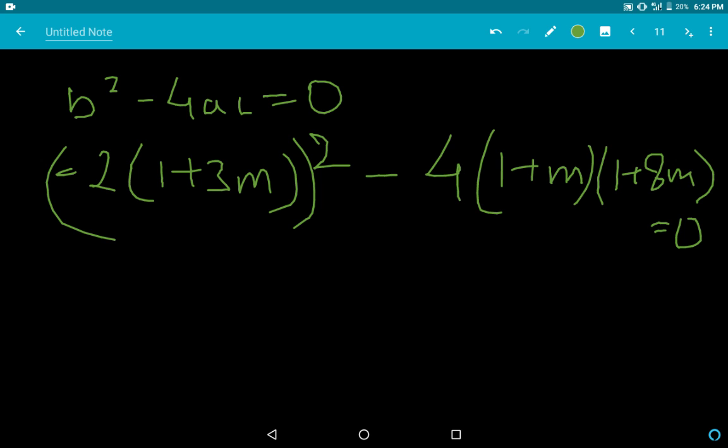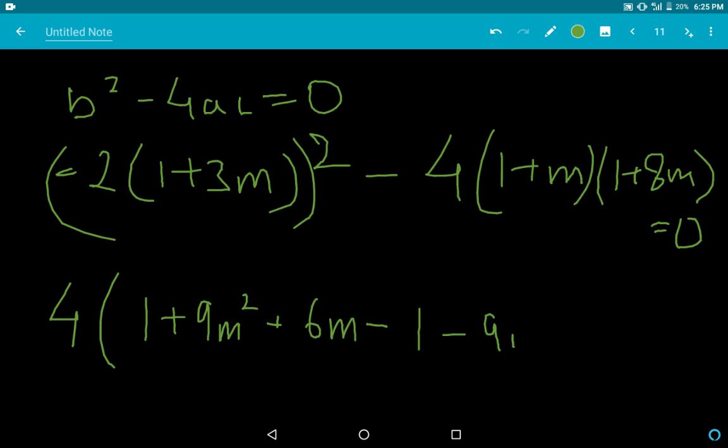So from this I can simplify this: 4 I can take common, yes. This will be 1 plus 9m squared plus 6m, minus 1, then minus 9m plus 8m squared, equal to 0.